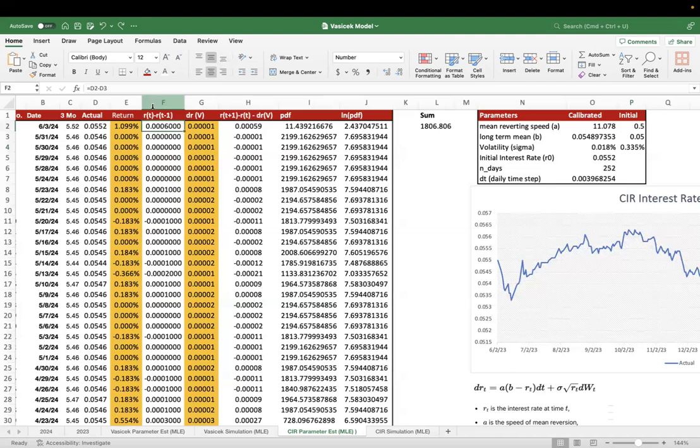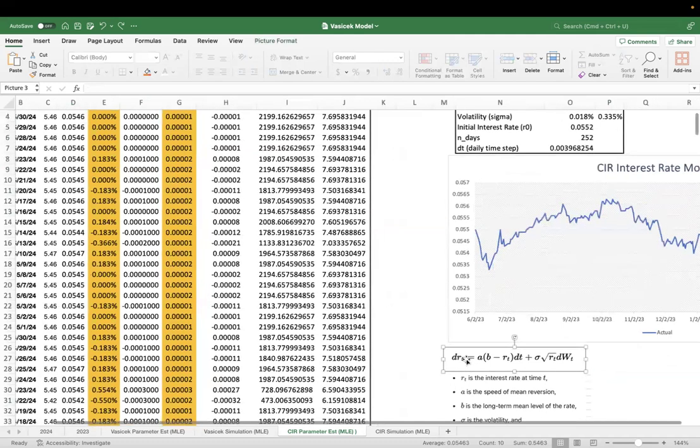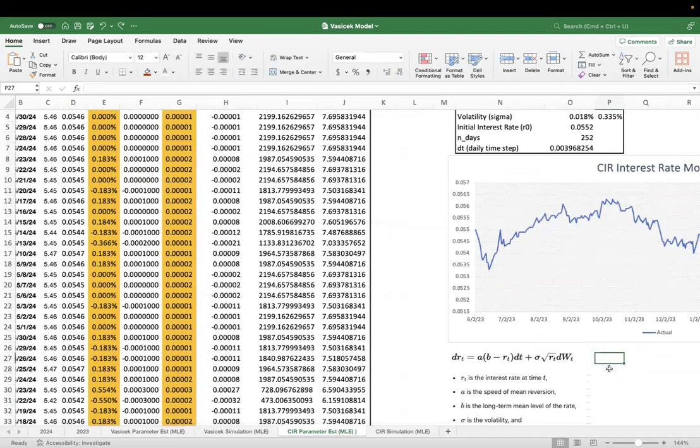So what is this MLE method? We have this market data. Tell me one thing: in this CIR model equation, dRT is the change in interest rates. So are we modeling interest rates or are we modeling the change in interest rate? If this equation was just RT is equal to A times (B minus RT) dt and the rest of the part, then we could have said we are modeling interest rate, but this is dRT, the change in interest rates.